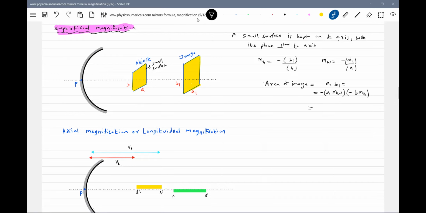Area, like height and width magnifying, so this will become AB into MW by MH. What is AB? AB will become the area of the object. And both height and width magnification will be the same. So finally, what do we get? M into M.